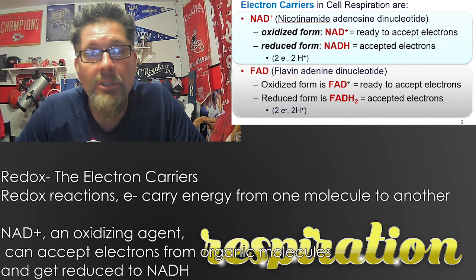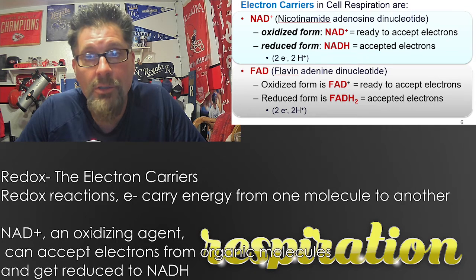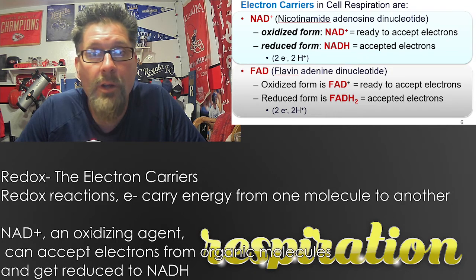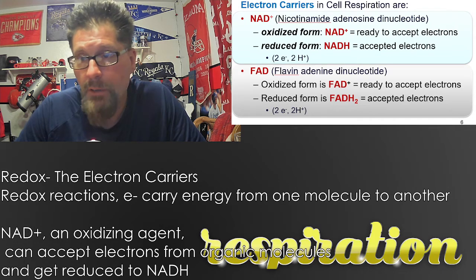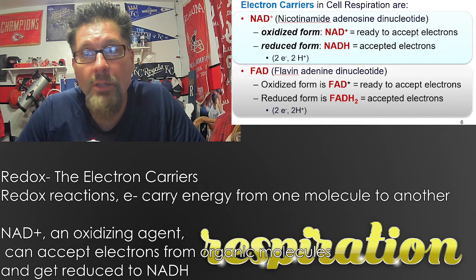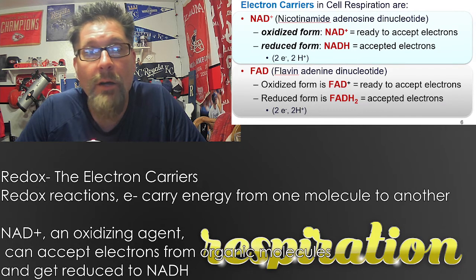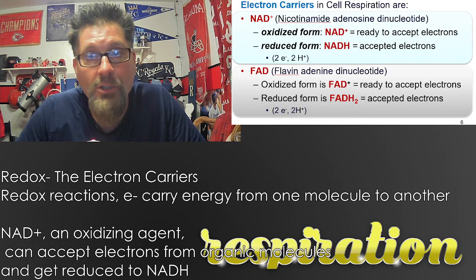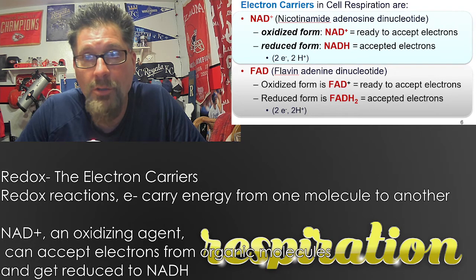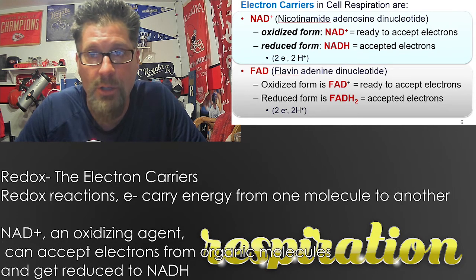NADs, FADs are going to show up, and they're going to be carting away H's, headed off to the chemiosmosis electron transport chain, which we will get to. When they arrive at cellular respiration, they're going to be without H's, but then they're going to take H's away, so they're going to be gaining electrons, which means they're going to be reduced. And when they leave, they'll have those H's attached to their molecule.